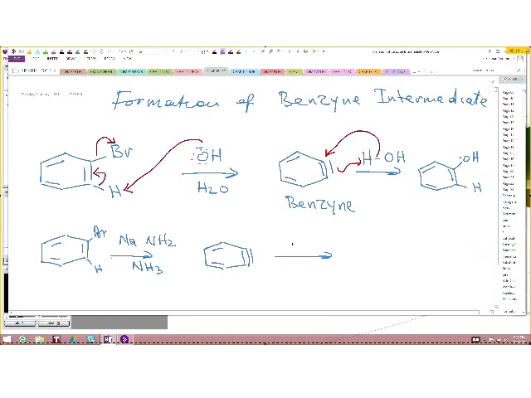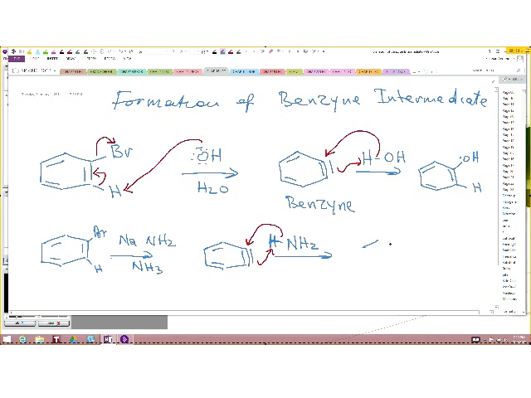And then, once you form the benzyne, that will react with ammonia, just as it reacted with water. Think of the benzyne coming here, the pi electron coming here to grab the proton, and then the amino group simply comes here to attack this carbon.